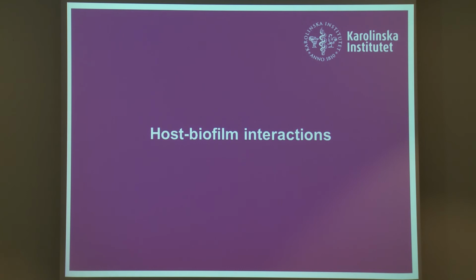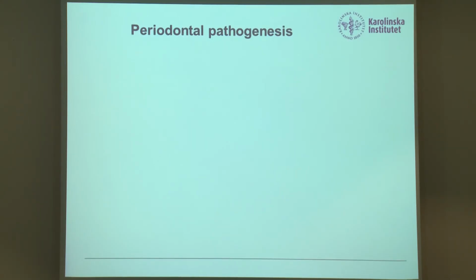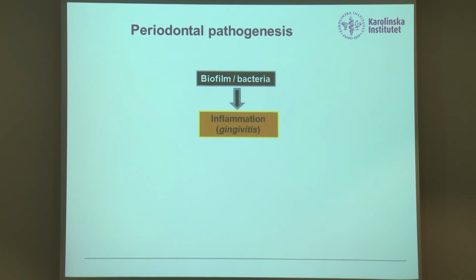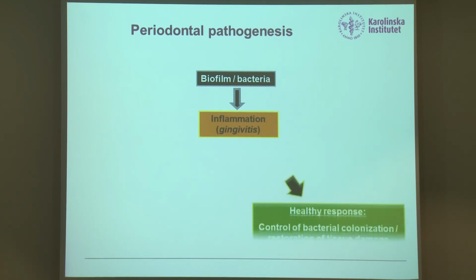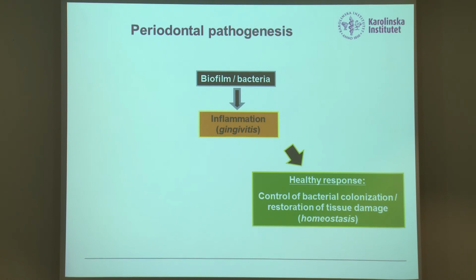So far I've talked about biofilms on their own, but in order to understand the pathogenesis of the disease, one has to study biofilms in relation to the host. And we need, in these instances, to bring biofilms together with a cell type or a host tissue. Just a brief overview of periodontal pathogenesis at this stage. The microorganisms of the biofilm can stimulate an inflammatory response, manifesting as gingivitis. If the response is efficient, then it will result in control of the bacterial colonization and the restoration of health.